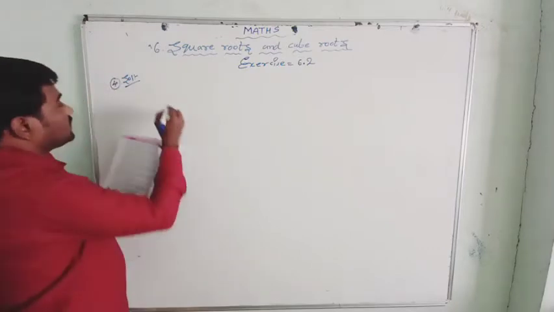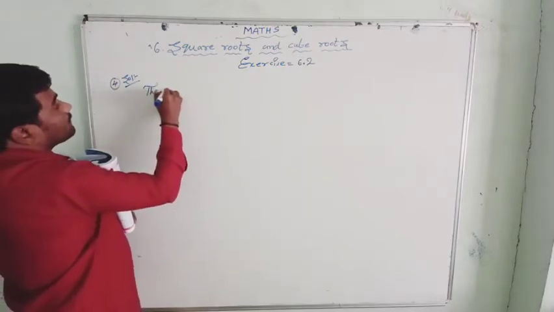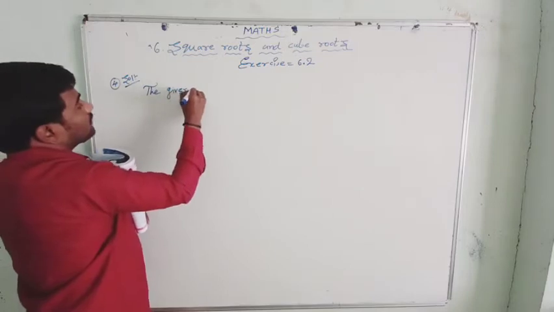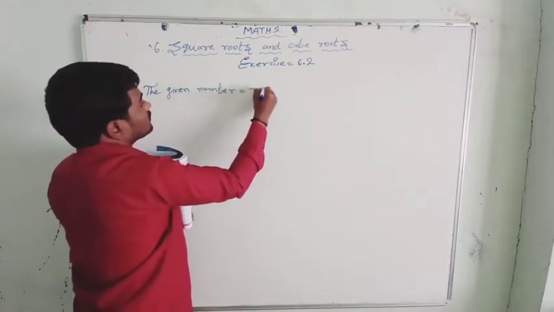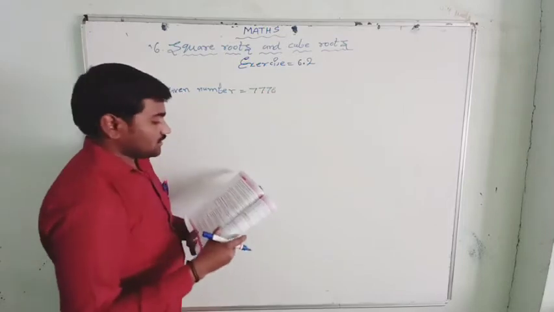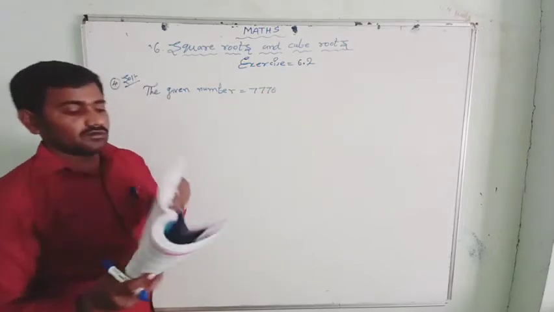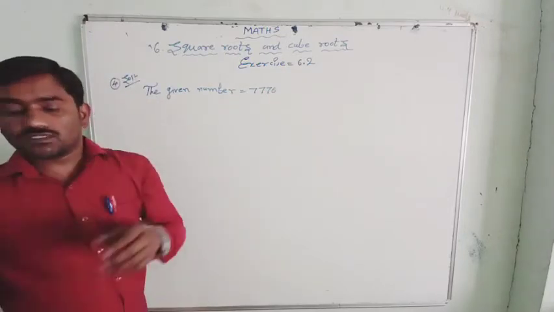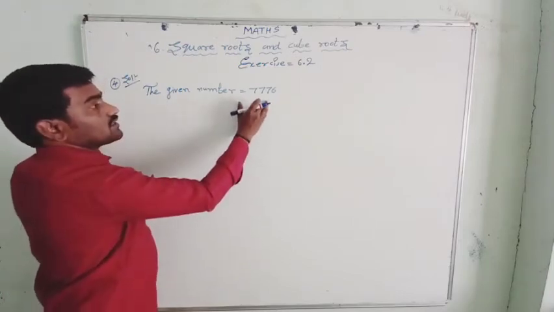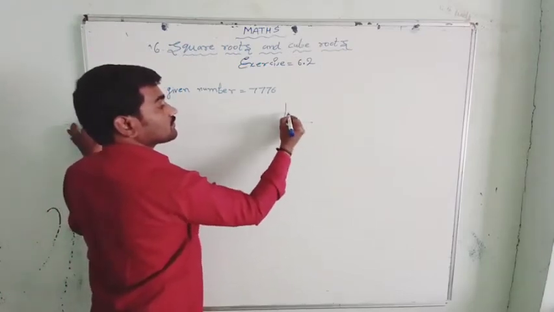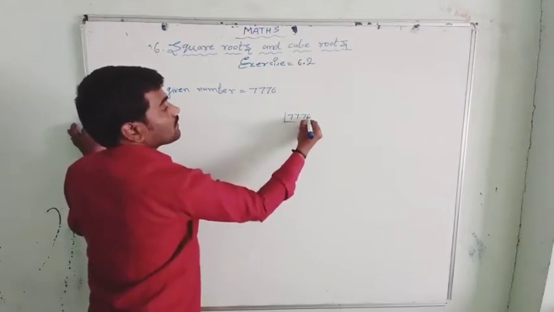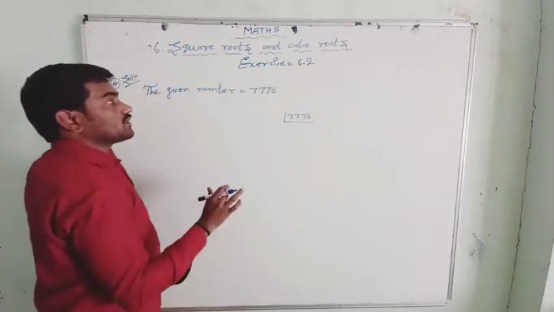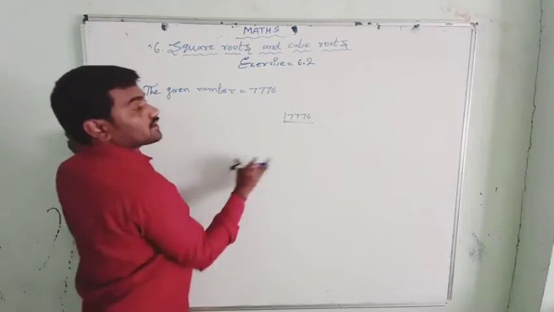Let the given number be 7,776. For this, first of all, find out the factorization.